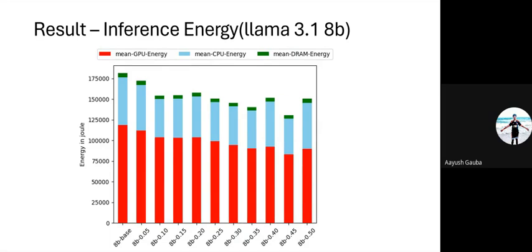So this is the inference energy of the 8B model. And even here you can see some pattern. It just falls down and it kind of flatlines. It's not linearly decreasing. That's my point. Because if you actually decrease the number of neurons in a large language model, mathematically speaking, the energy consumption should also decrease linearly.